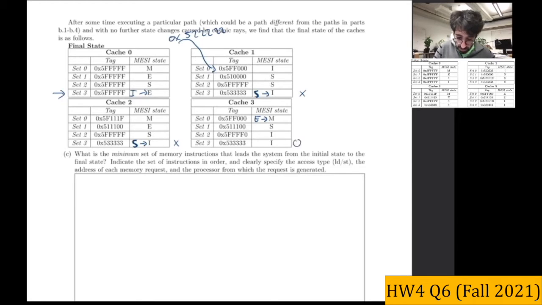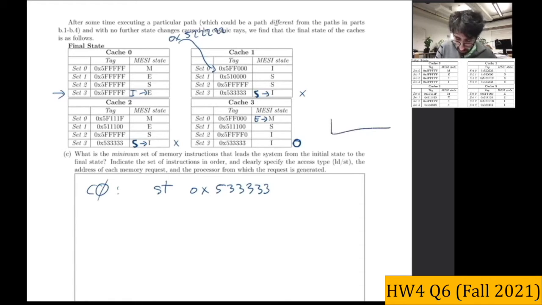In cache 3, we don't need to modify set 3. So let's use cache 0. To invalidate set 3 in caches 1 and 2, we have to store the same cache line that is in cache 1 and cache 2 in set 3. So we store the same address.